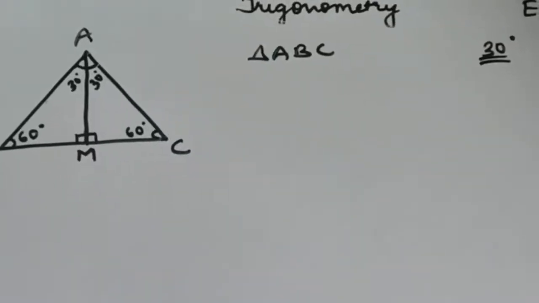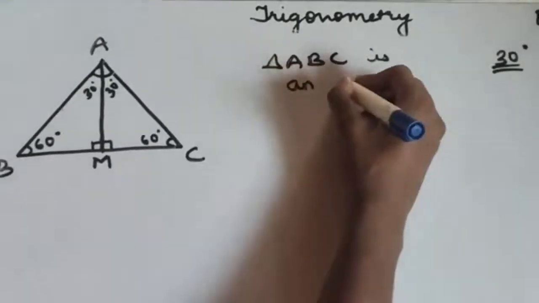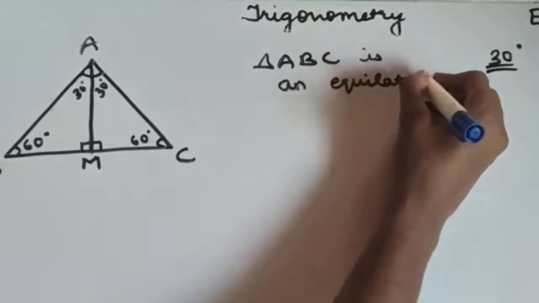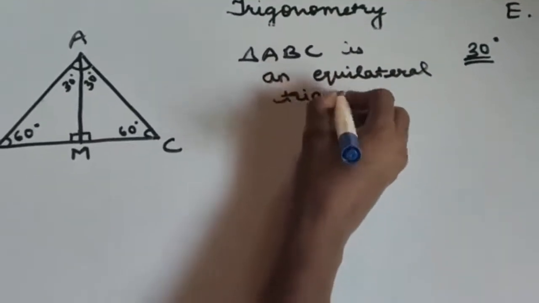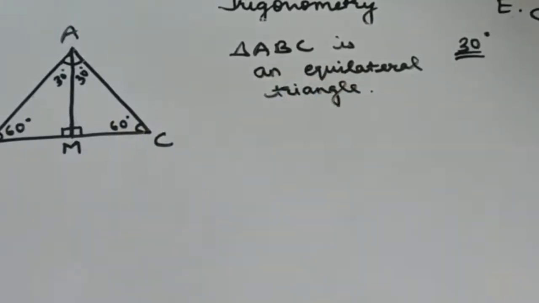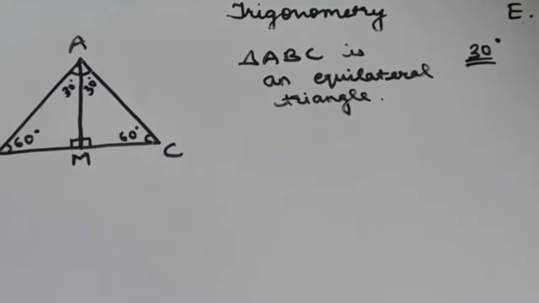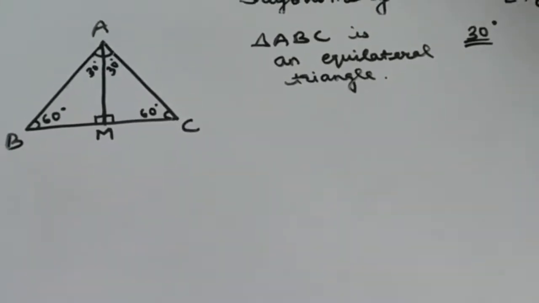So here triangle ABC is an equilateral triangle. What does an equilateral triangle mean? It means that all the sides are of equal length, isn't it?